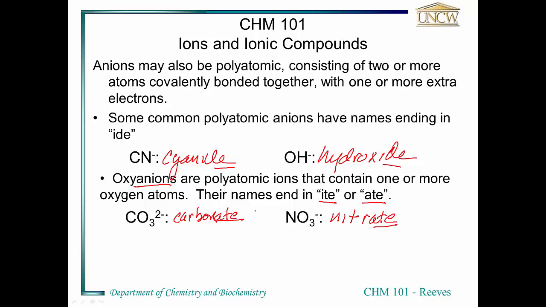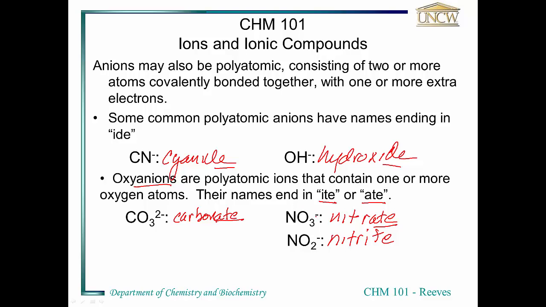Both end in ATE. Now, as I said, you can also have an ending ITE. And what ITE indicates is that there is 1 fewer oxygen atom than there is in the polyatomic with ATE at the end of its name. NO2- then is nitrite. So once you know the formula for the ATE version of that particular polyatomic, you know the formula for ITE.